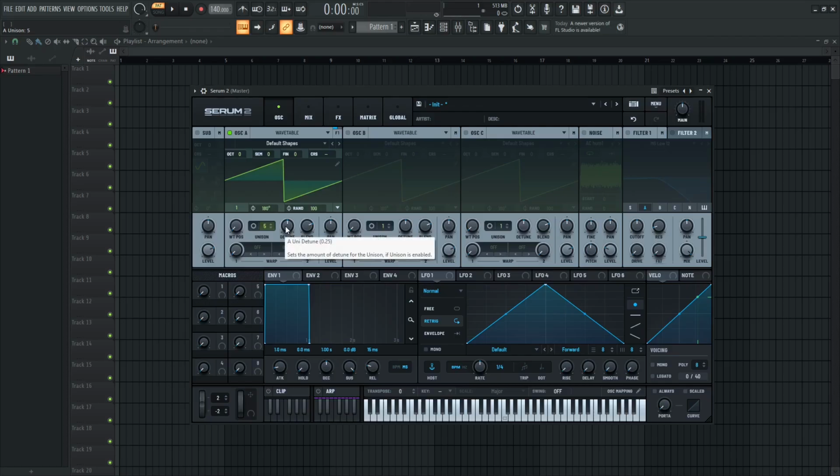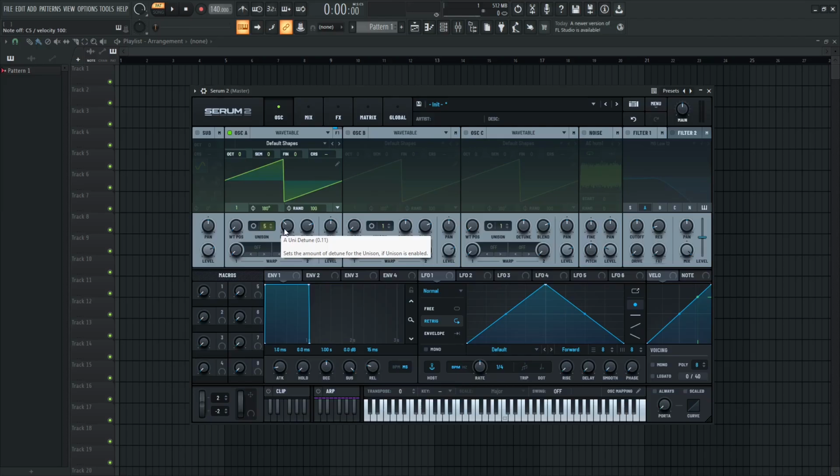And you can manipulate this, as I just said. Detune here, you can see it's making the lines closer together or further apart. This is how far away the pitch of the voices are going to be from each other. If I was to just show you here, you can see as I'm moving the knob to the right, it's getting more and more dissonant, it's sounding weirder.